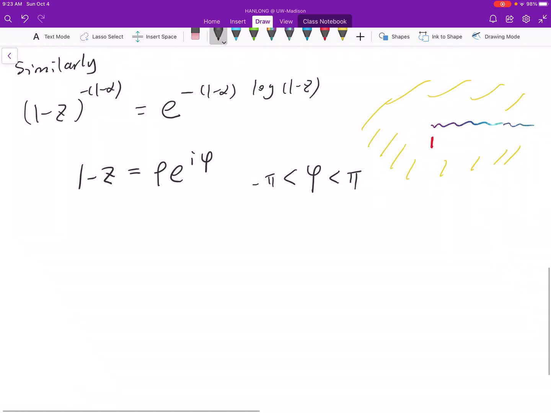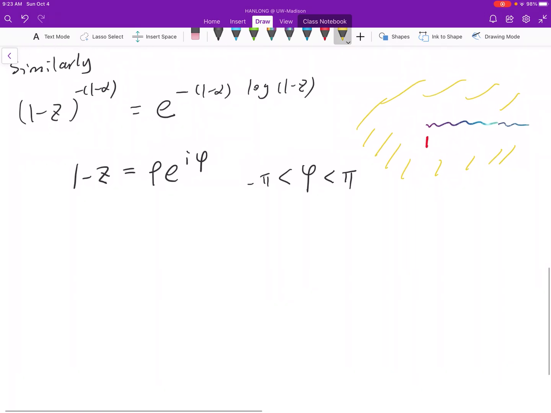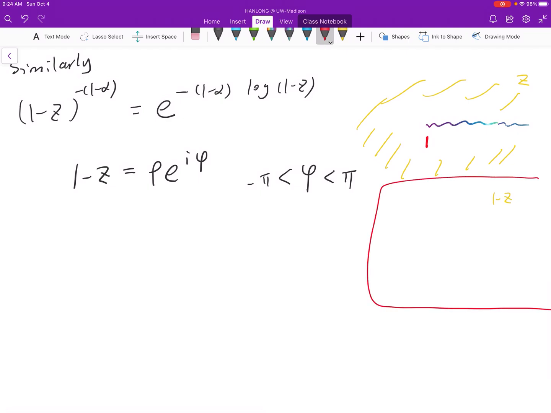So this is a z diagram, but if you look at 1 minus z, then what you have is exactly the other cutting for the log function. You get rid of the negative real number line.